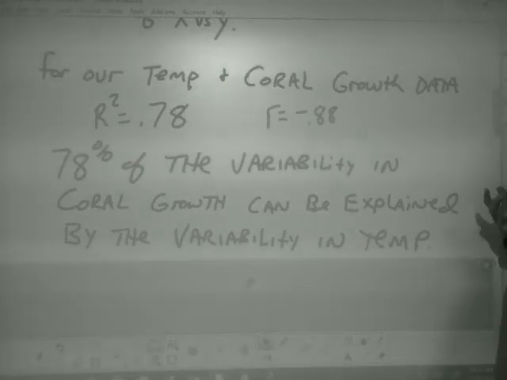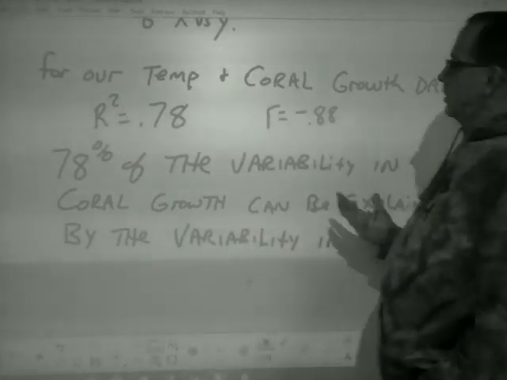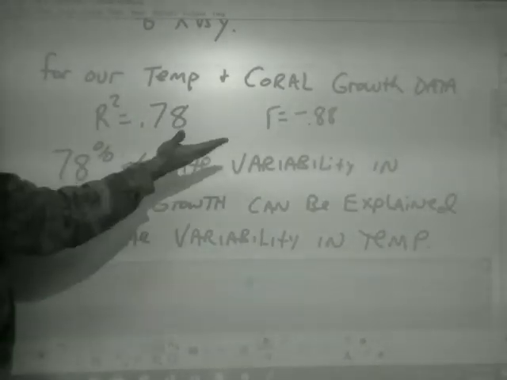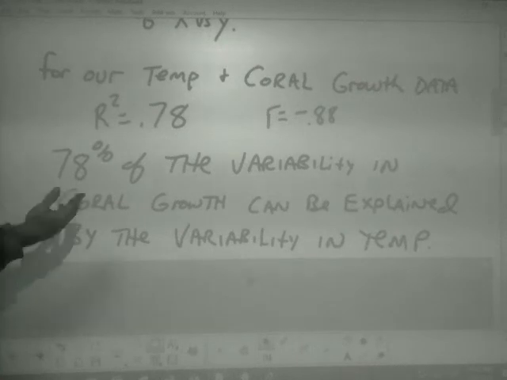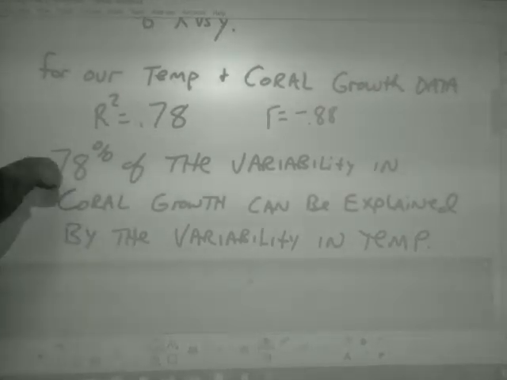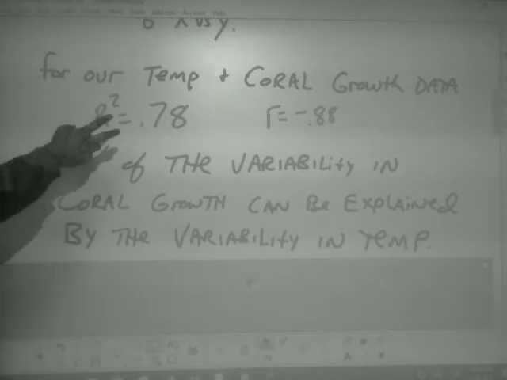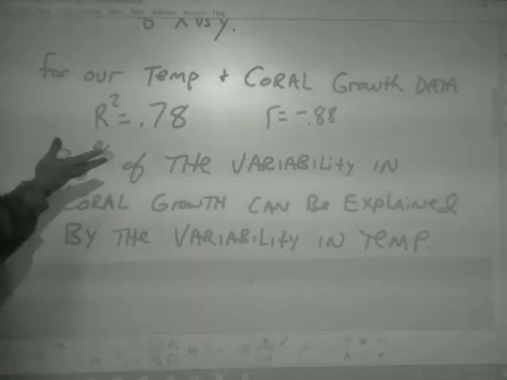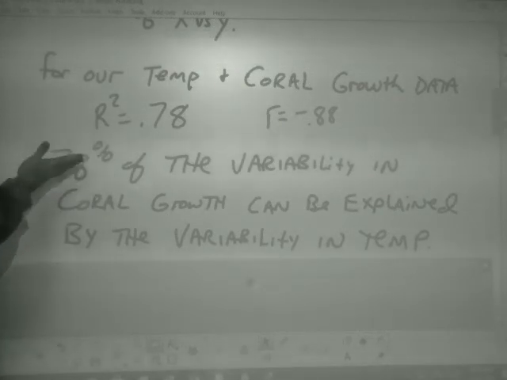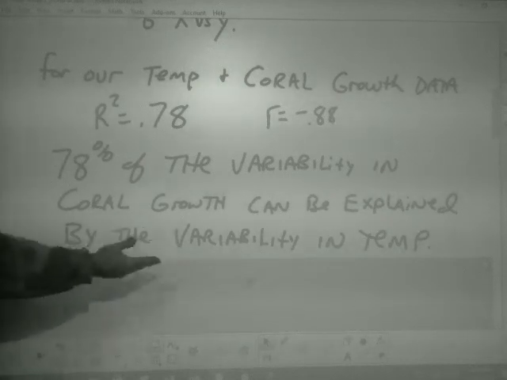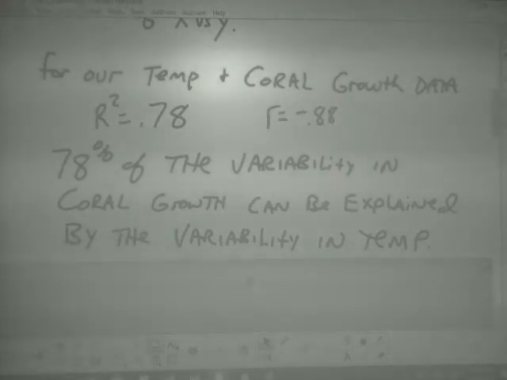And as a predictor, this really is pretty good. 78% of the change that we see in the growth can be explained by the changes that we see in temperature. There's other factors, 22% come into play somewhere else, but 78% of that change in the coral growth seems to be explained by the changes that we see in temperature.